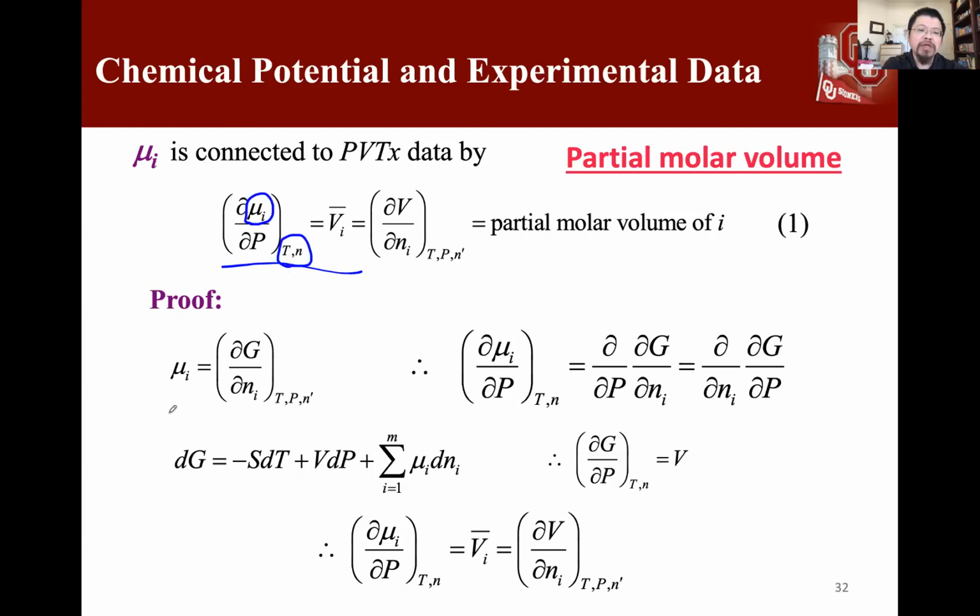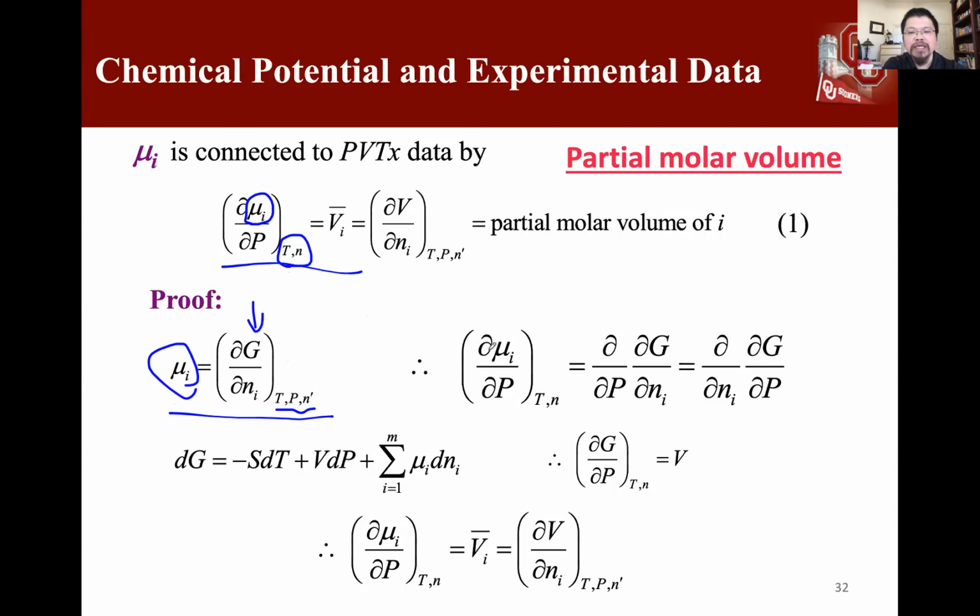That is the only equation to satisfy the partial molar property requirement, and we can replace this chemical potential by a more or less familiar term of Gibbs energy.